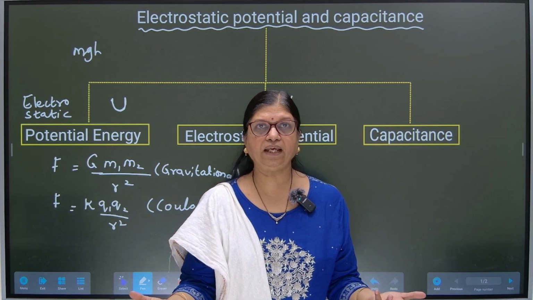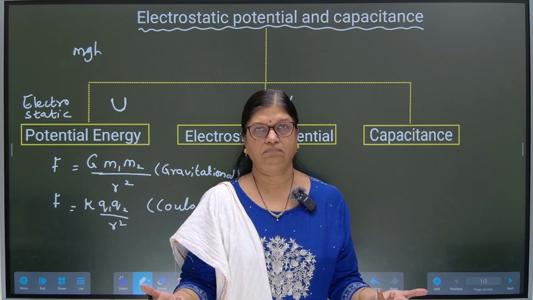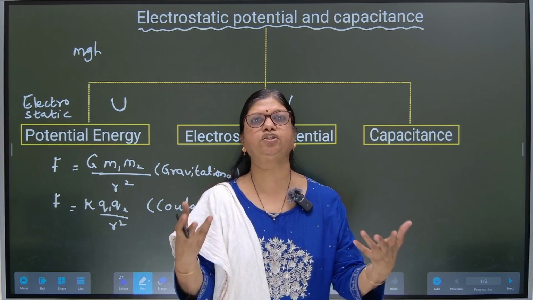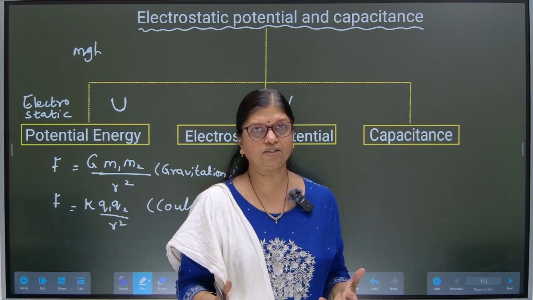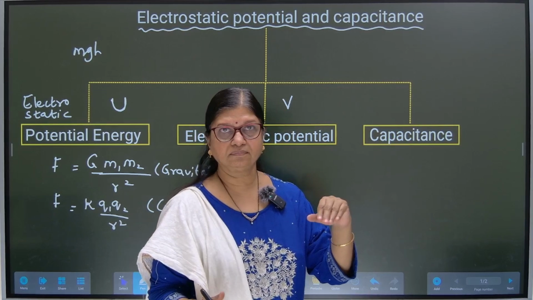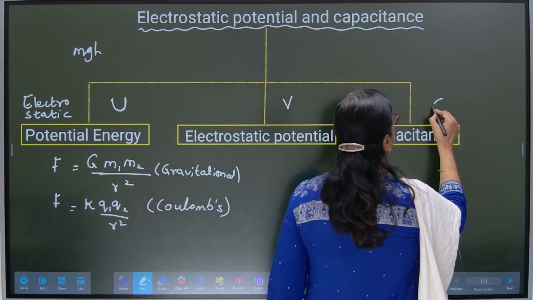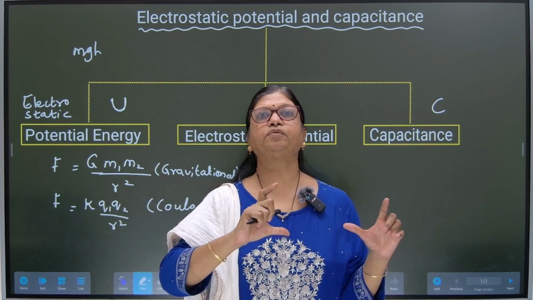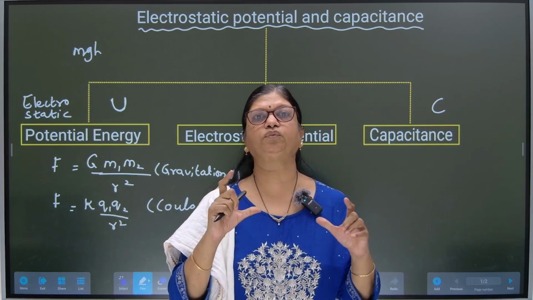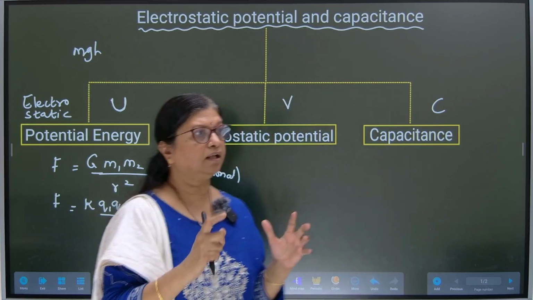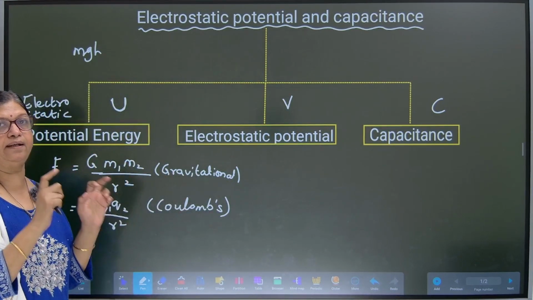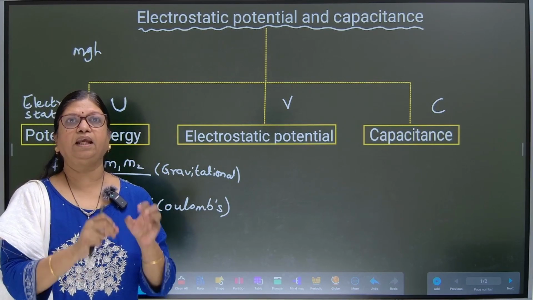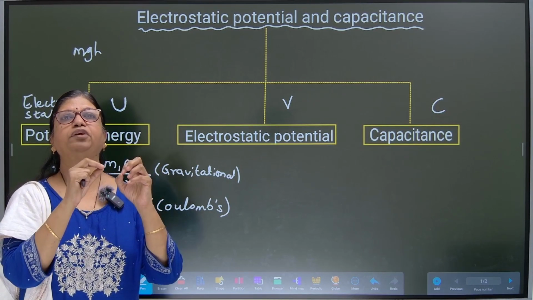Now we are saying the energy is stored. Potential energy is stored. That is, the work done is stored in the form of potential energy. Then where is it stored? In a capacitor having a capacitance C. Okay. So I am trying to link up the topics of the chapter, where electrostatic potential energy is the work done in the electric field.